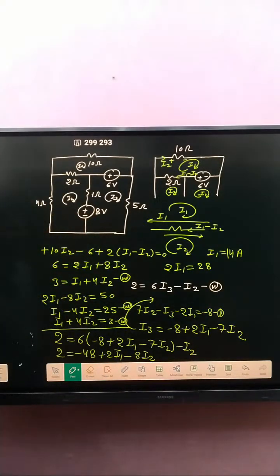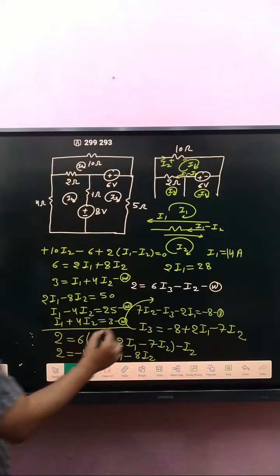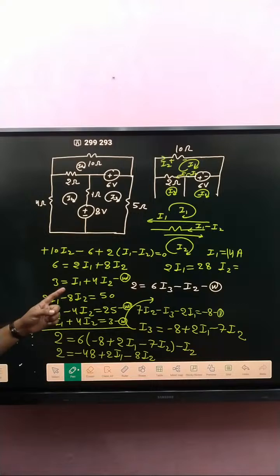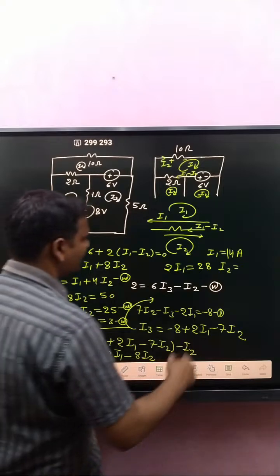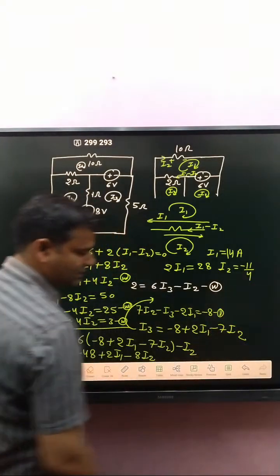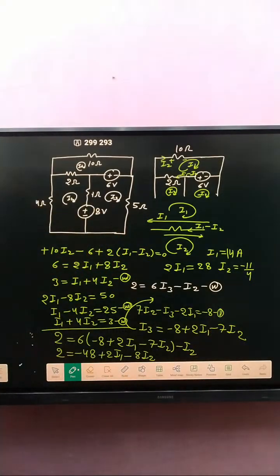I1 is how much? 14 ampere. Then what about I2? If that value is put here, I1 is 14. So 14 minus 11 by, minus 11 by how much? 4.